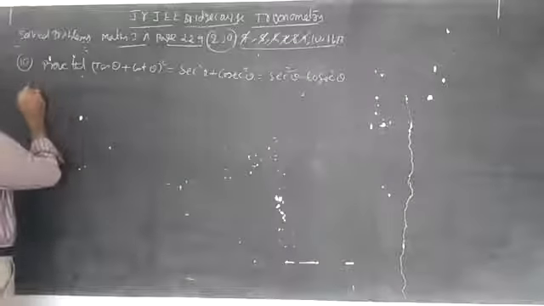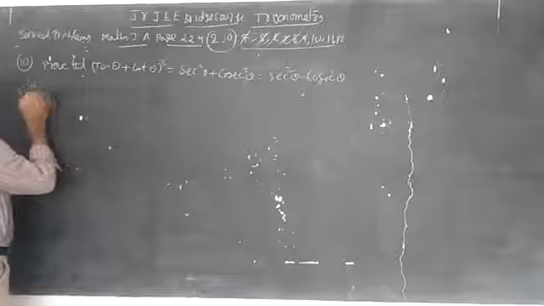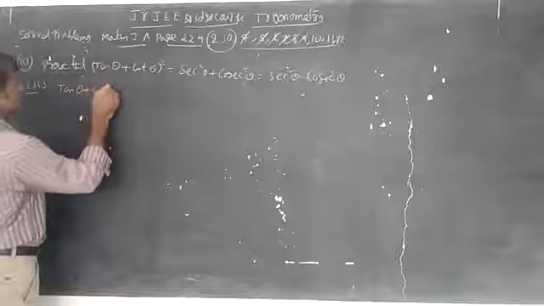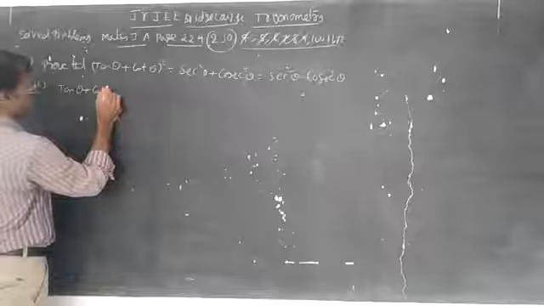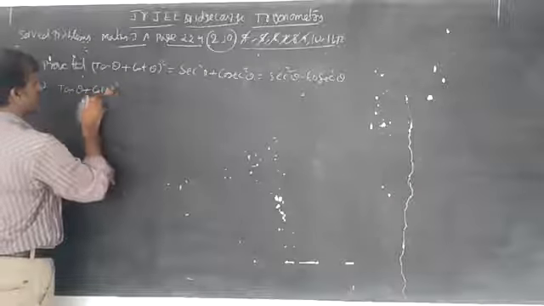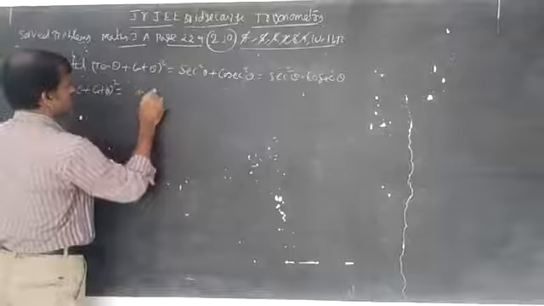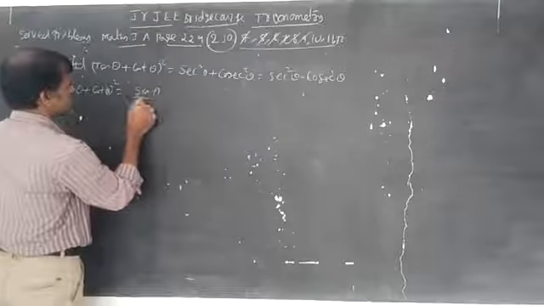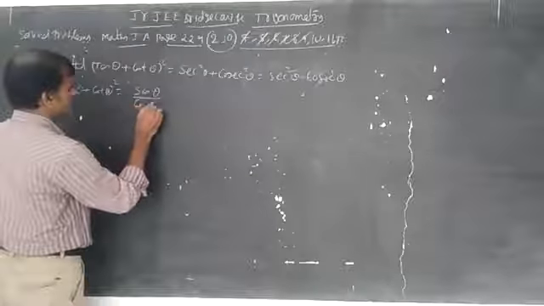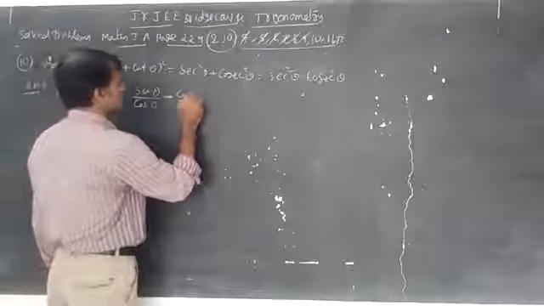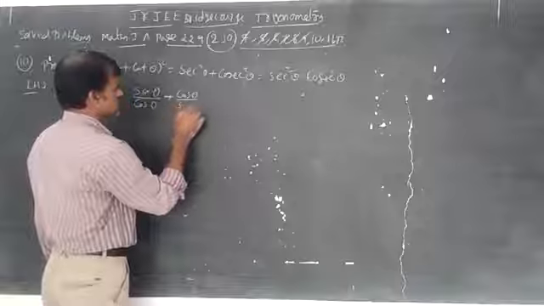Now take LHS. LHS you can write as (tan theta plus cot theta) whole square. Tan theta means sin theta by cos theta, plus cot theta means cos theta by sin theta, whole square.